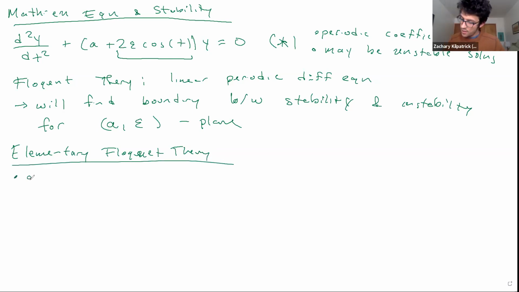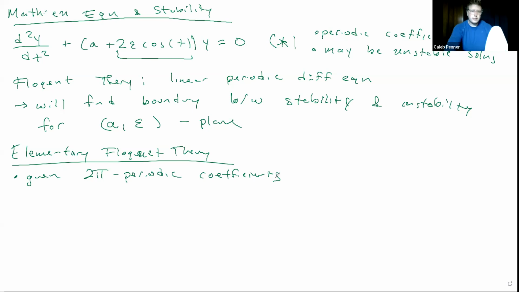Okay, so real brief, elementary Floquet theory. Let's take a very specific case where we have 2 pi periodic coefficients. What types of solutions might you expect there to be to equations like this? If I have 2 pi periodic in time coefficients, my solutions might be 2 pi periodic.